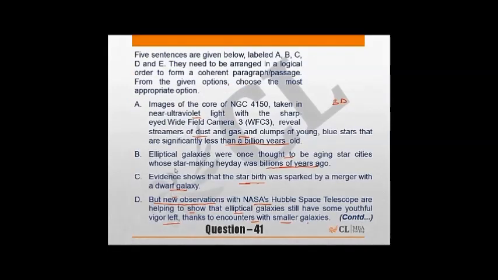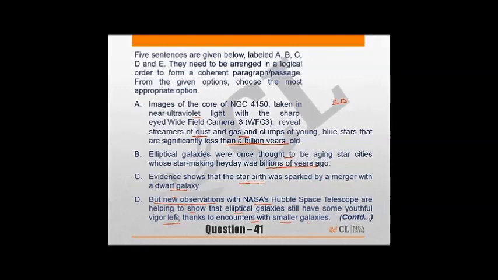So B, D, A. Statement B: elliptical galaxies whose star-making heyday was a billion years ago. Statement D: still have some youthful vigor left thanks to encounters with small galaxies. Statement A: images of the core taken in this thing reveal streamers of dust and gas with clumps of, okay.